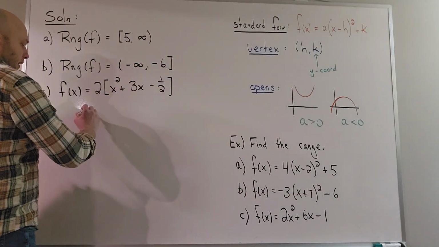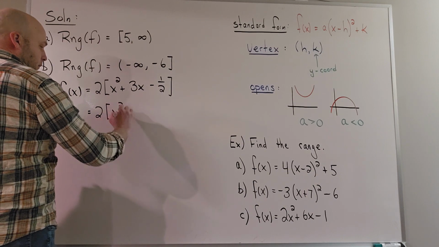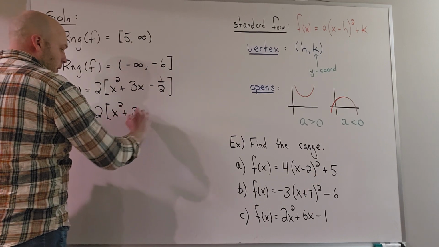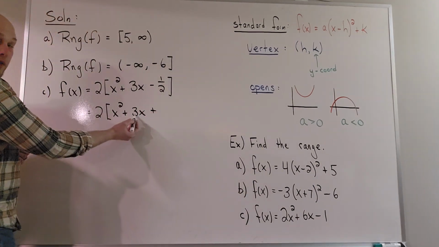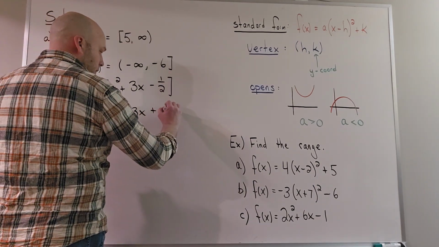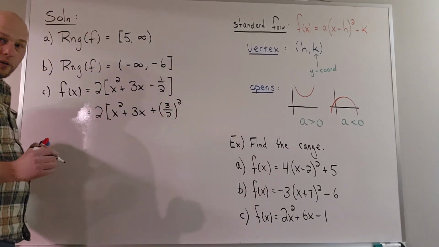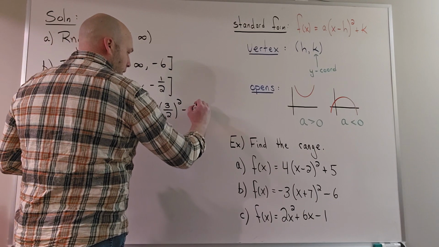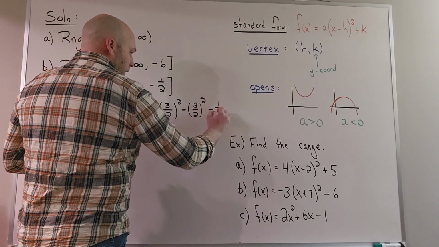Inside the square brackets, then, I can complete the square. Which, as a reminder, what I do is I'm going to add the coefficient of x, which is 3, divided by 2, squared. Then I subtract the same number, and then I've got the minus 1/2 there.